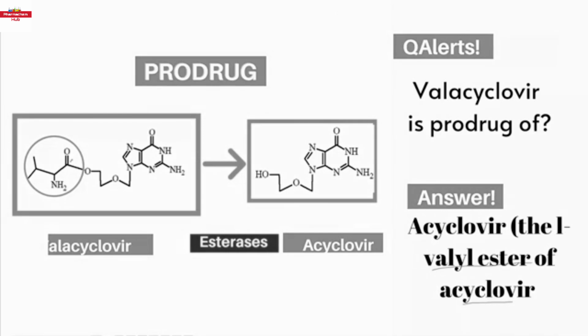Basically, the chemical name is valine, a valyl. Once you attach that, it becomes the valyl ester of acyclovir. Acyclovir and valacyclovir are both drugs for herpes viral infection.